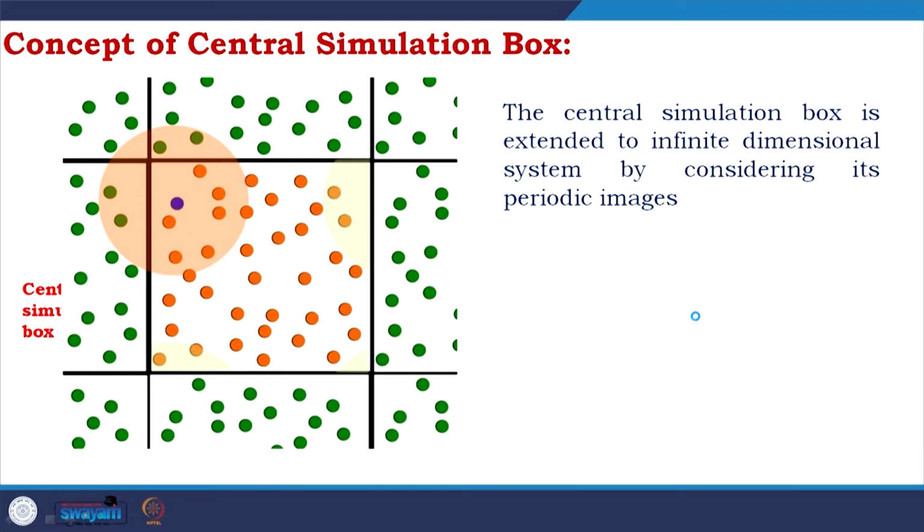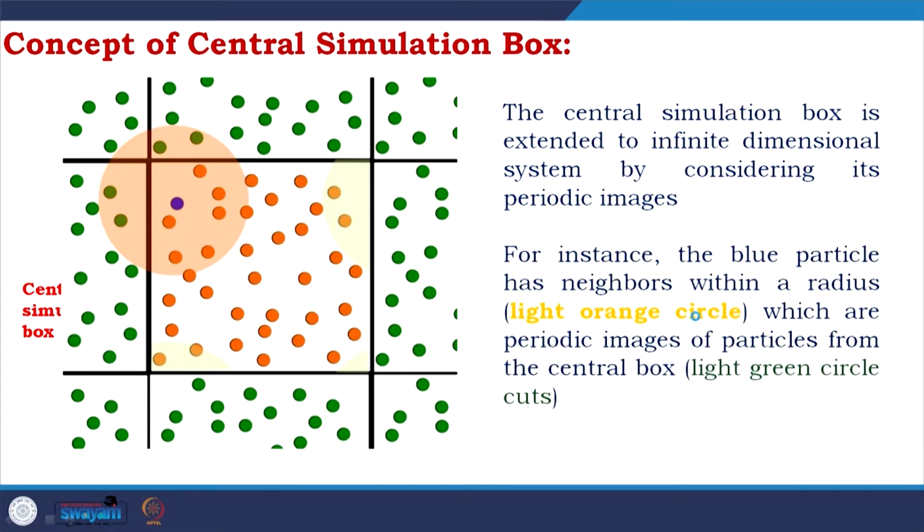Now, it is not a problem. Here, if you look at the blue particle, it has neighbors within a radius, represented by the light orange circle, which are periodic images of particles from these boxes, cut by the light green circle. In that way we set up and run the simulation without having a problem.